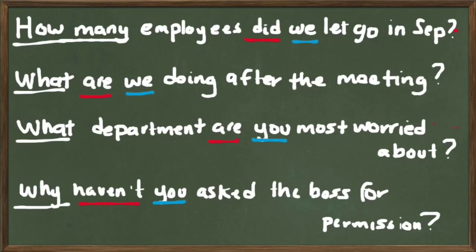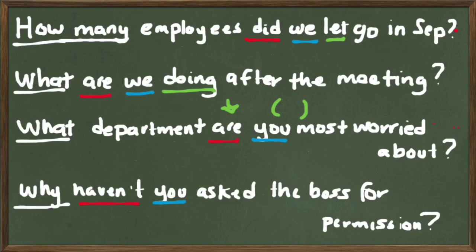Do we have a verb after this? Yes, we do. Let, simple form, doing, ing form. Most worried about. We don't have a verb here. Why is that? Because we're talking about a description. To be worried. That is the description, or in this case, the verb.